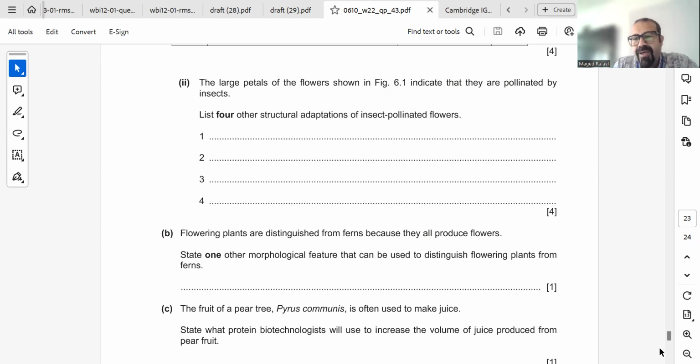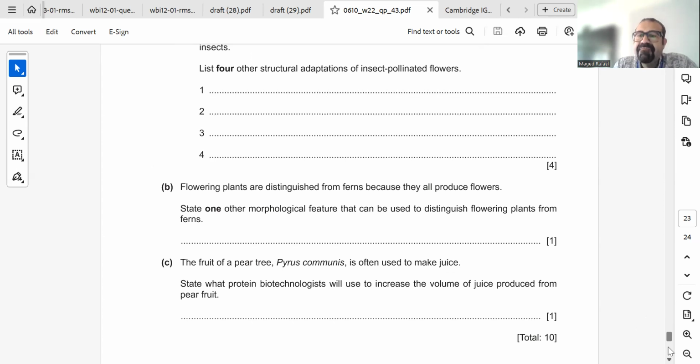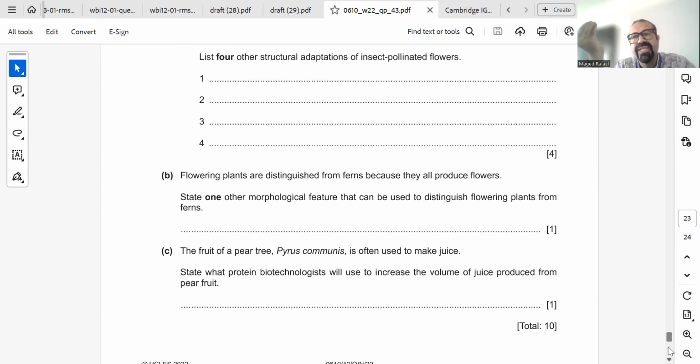Flowering plants: please, while studying, remember that plants also have a classification, flowering and non-flowering, and the flowering ones are monocots and dicots. Please recap this part, which I told you in the voice message about classification. Dan, can you tell me one other morphological feature that can be used to distinguish flowering plants from ferns? He told you that flowering plants produce a flower. What else? I'm not sure, but is it that flowering plants reproduce using seeds? Bravo. Perfect. How is this morphological though?